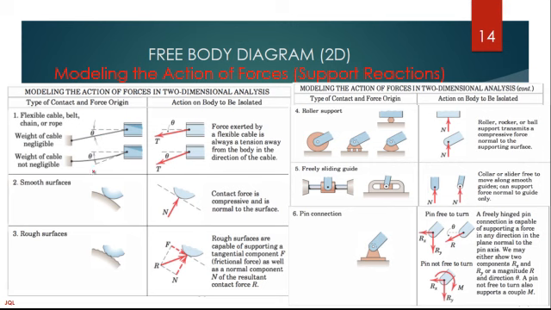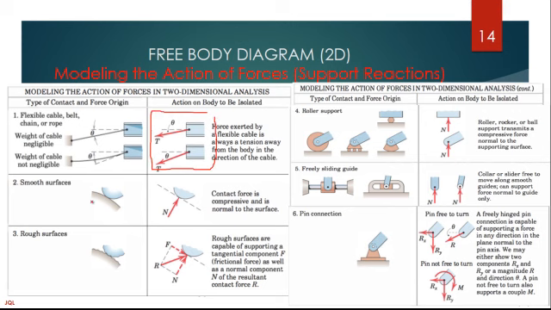And the other one, of course, where the weight is not negligible. The assumption that you make here is always, if you remember, a rope is always in tension. So this is how you draw your free body diagram.